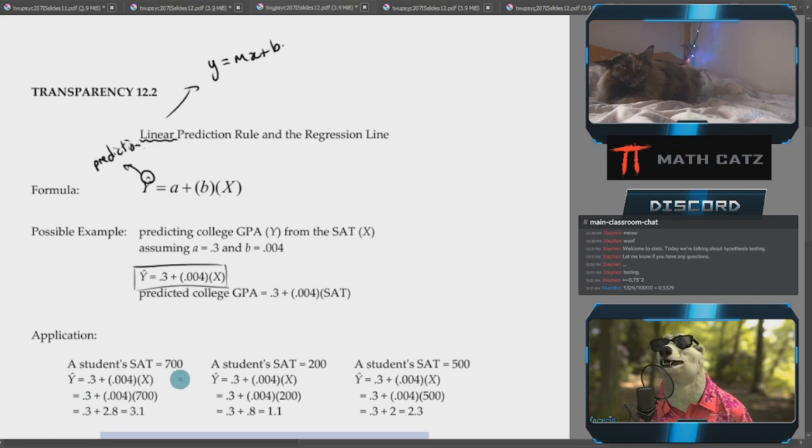So if a student's SAT score is 700, I plug that in, I get a predicted GPA of 3.1. Of course, that may or may not happen, right? Exactly like that. There is still variation here. SAT score of 200, plug it in, I get a predicted GPA, and so on.